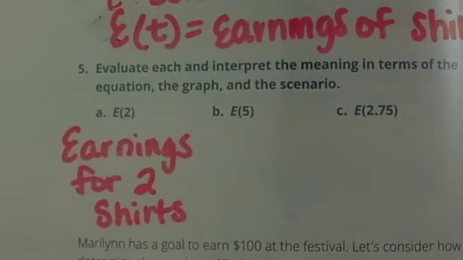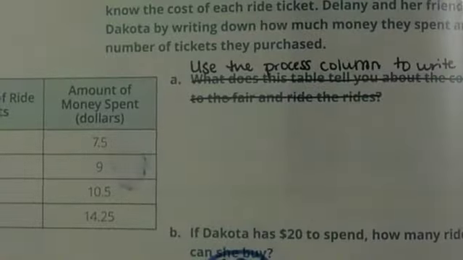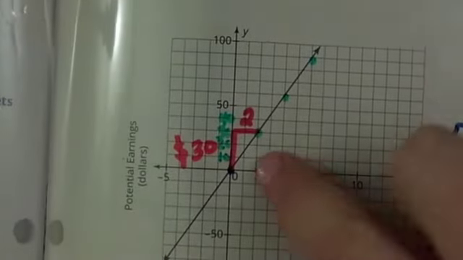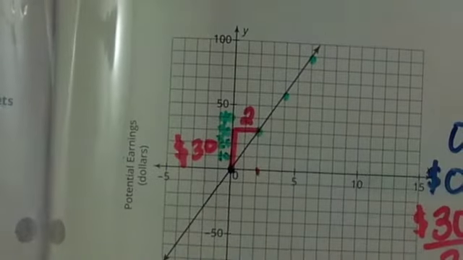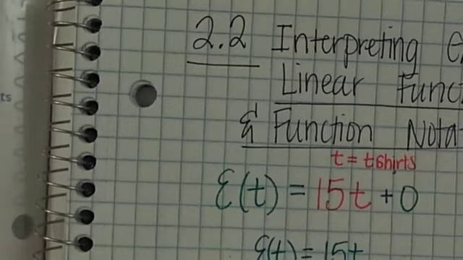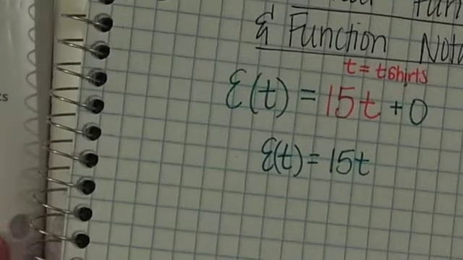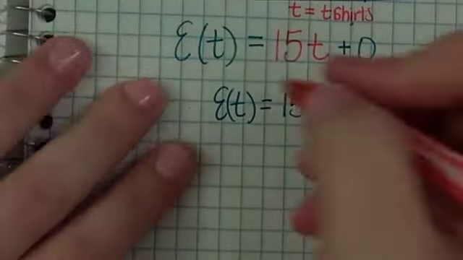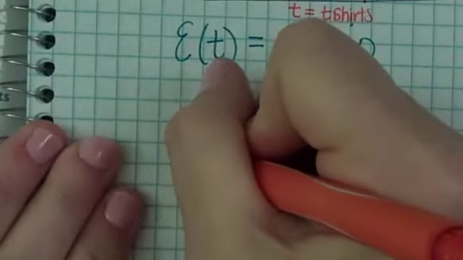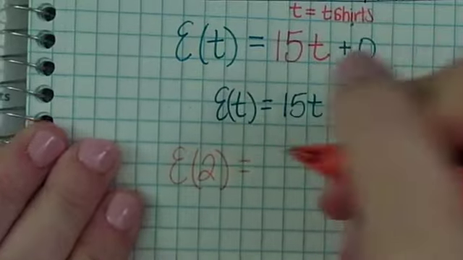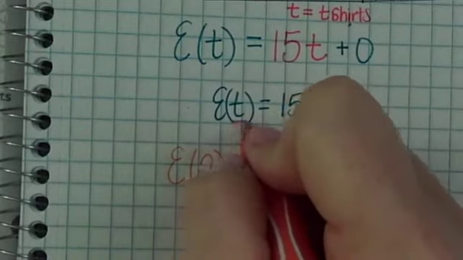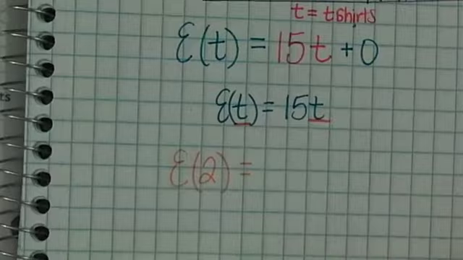So there's a few ways you can do it. If we look at this graph over here, I know that 2 shirts is right there. Well, it's $30. But I personally like to use the equation more, but that's completely up to you. So if it's E of 2, notice the T needs to be 2.